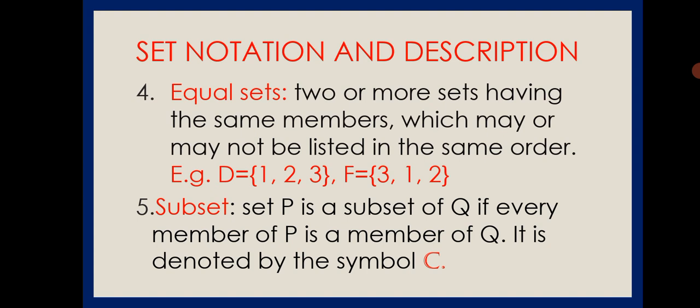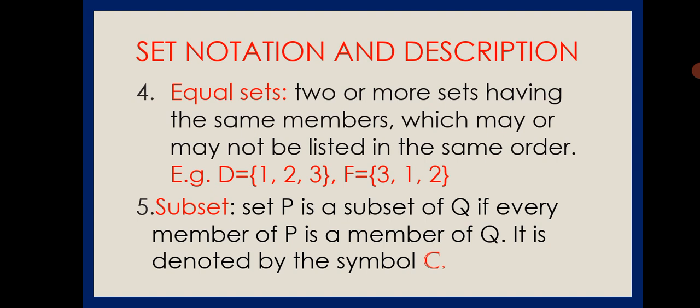Example, D is equal to {1, 2, 3}. These are the members or the elements belonging to D. What of the other set, F? It has 3, 1, 2 to be its elements or members.